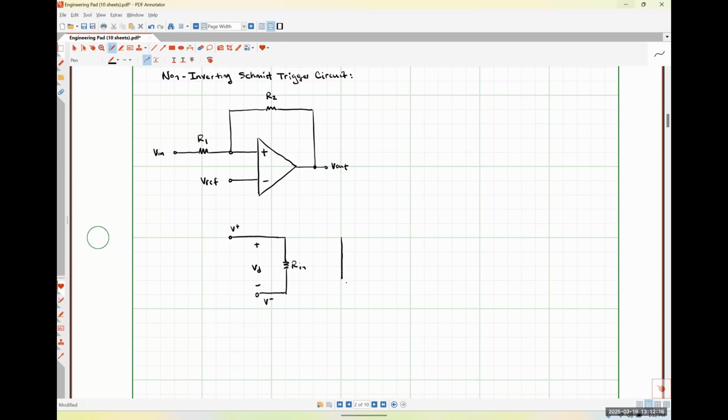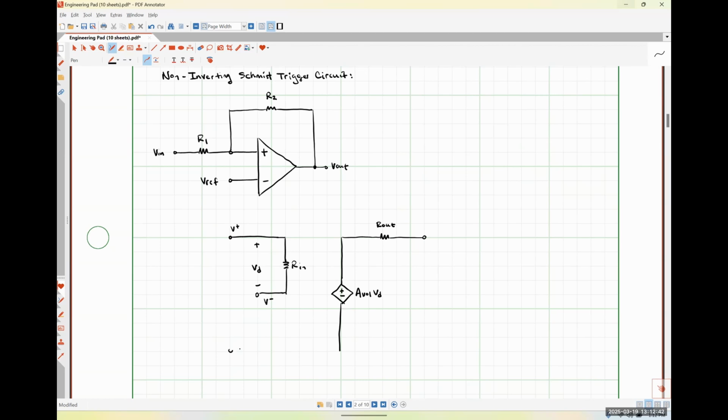Over here to the right, I'm going to put in my output side of things. So here is my dependent source, which has a gain of AVOL times my differential voltage, VD. Here's my op-amp's output resistance.